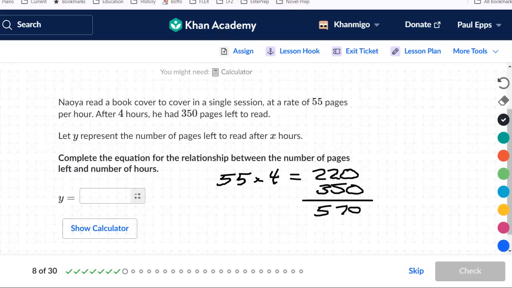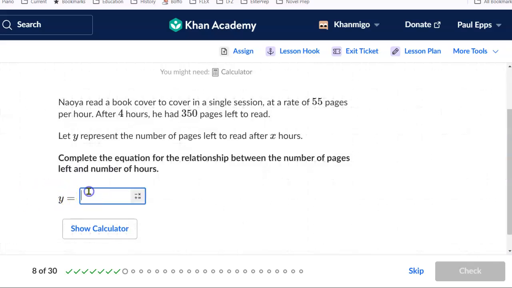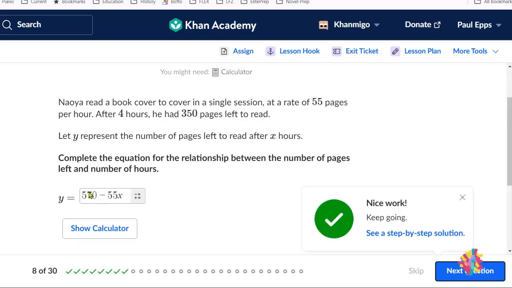Okay, because he's got to read 570 pages. Every hour he knocks off 55. So that's what we're going to use. Let me try to turn off some of these writing implements. What if I turn this off? Yeah, I knew that was going to go away. All right, now I still have to turn that off. All right, 570 minus 55x.